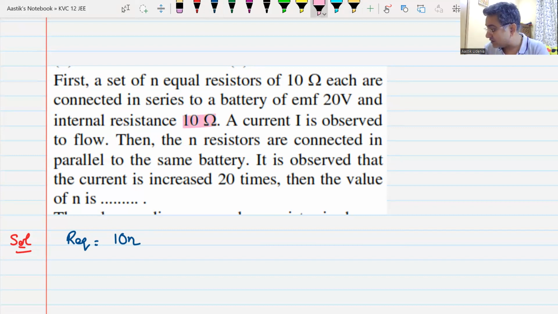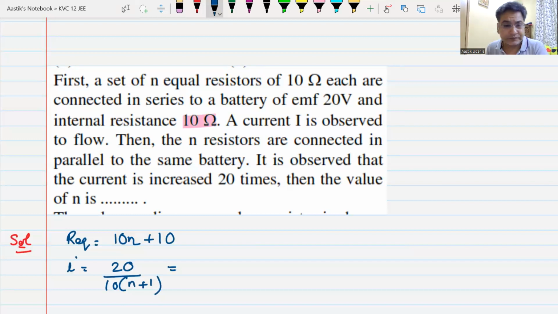So the total resistance becomes 10n plus 10. The current in this case becomes 20 divided by 10 into (n plus 1). I don't know the current, so let me call it I.